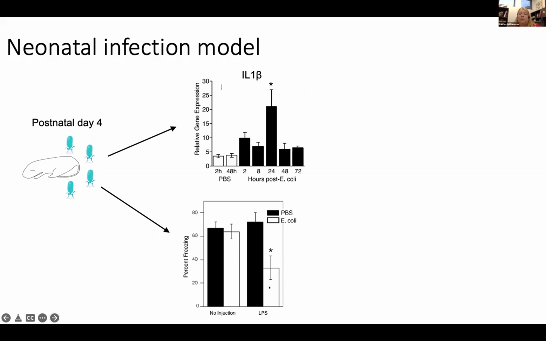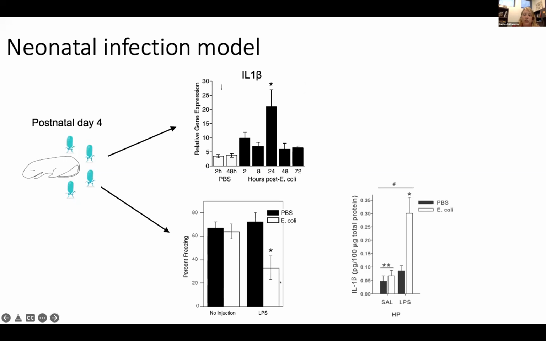Then when we give them a second immune challenge, LPS, which is the cell membrane component of gram-negative bacteria, specifically from E. coli, it causes a memory impairment. There is robust freezing and then a drop in freezing in what are called 2-hit animals that received E. coli as babies and LPS as adults.